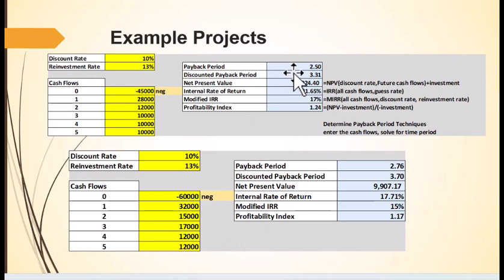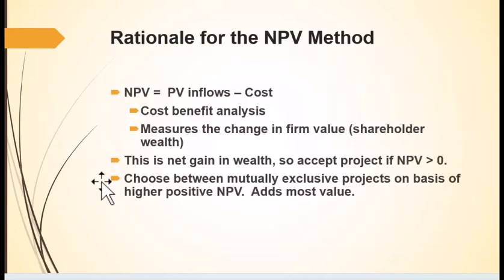And this worksheet will help us to calculate all of these ratios, right? Or all of these techniques for the projects themselves. So let's start off. The first thing we want to talk about is the net present value.